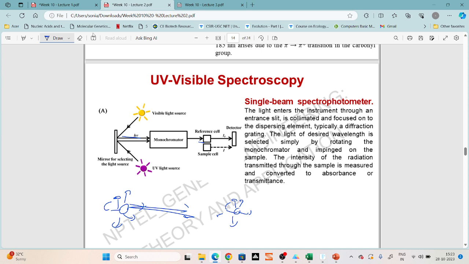So to get light of a single wavelength, you have to use a monochromator. The monochromator cuts off the light of all other wavelengths except the wavelength that you want. Then there is a reference cell. Okay, this is a single beam spectrophotometer.